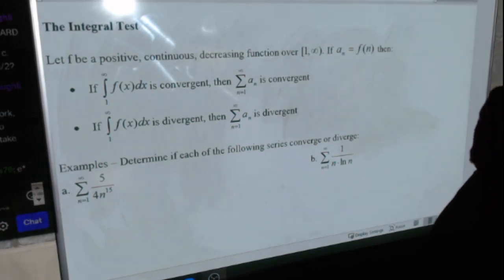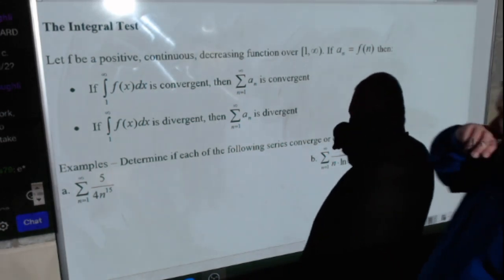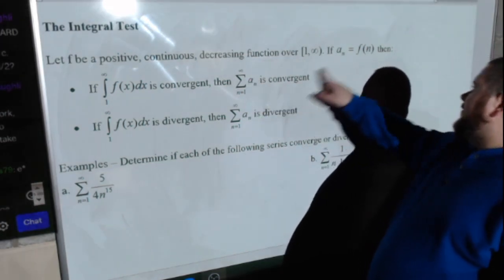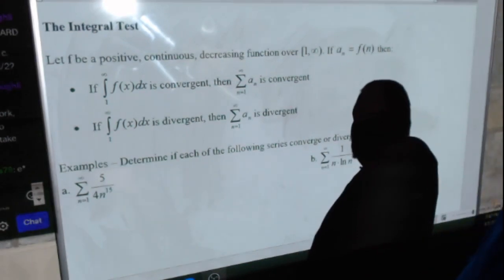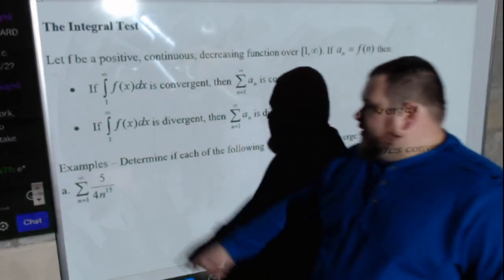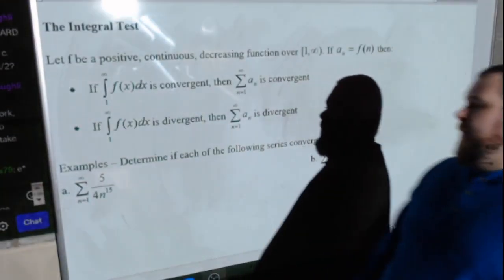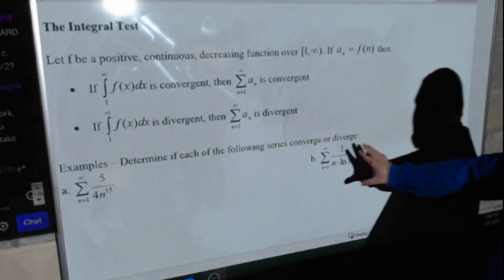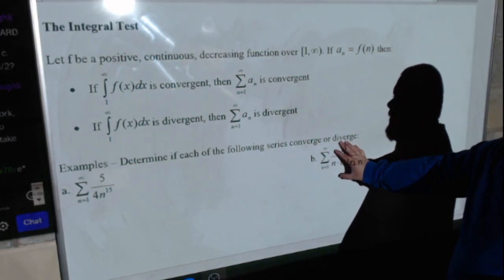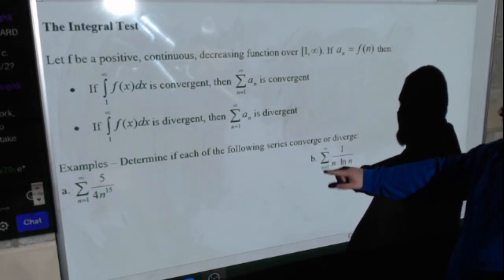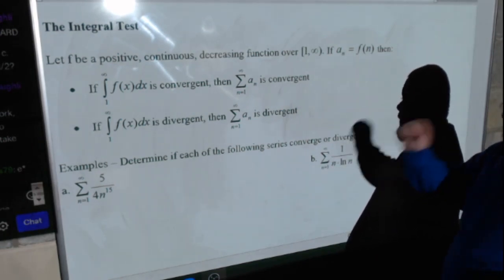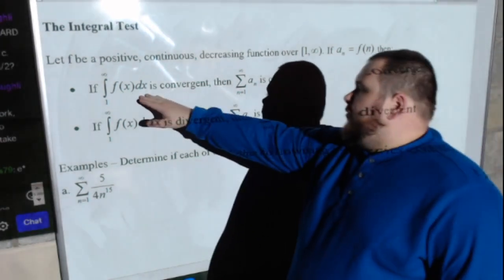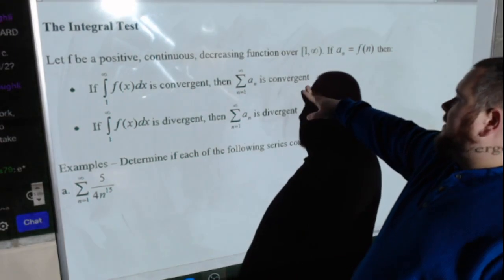Then we just call the sequence a sub n our function f of n, and instead of n we usually change to x when we integrate. So we're just going to take this function here, integrate it from the bounds that are given, and then if the integral is convergent, the sum is convergent.